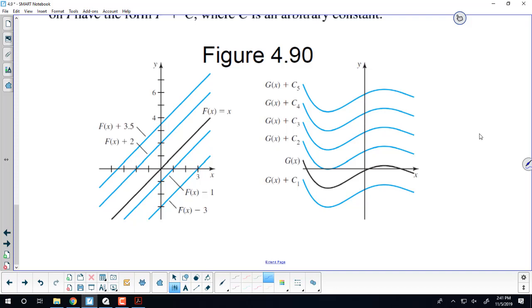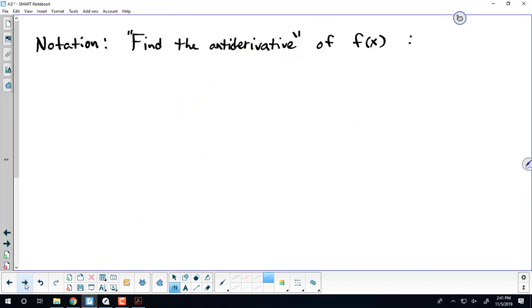It's more conducive to what we see in the future. So the way we're going to note the instructions to find the antiderivative of f of x is the following. We're going to have this elongated s with our function here, and then next to that a dx.